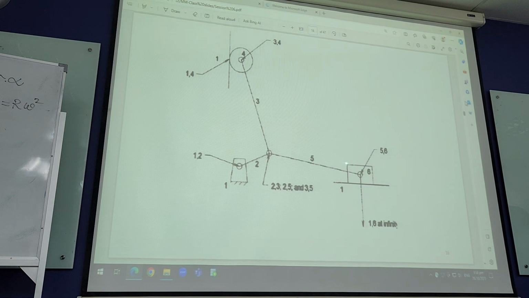And of course this is where link 5 and link 6 is the slider. So this is the instantaneous center 5, 6. And 1, 6 is at infinity.